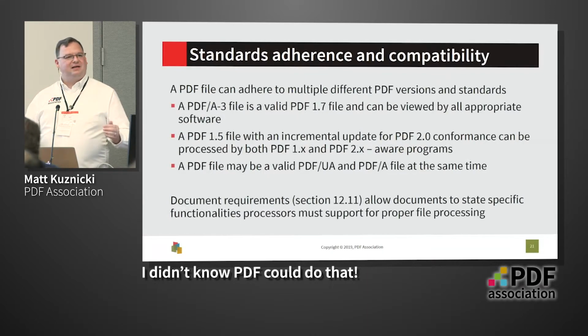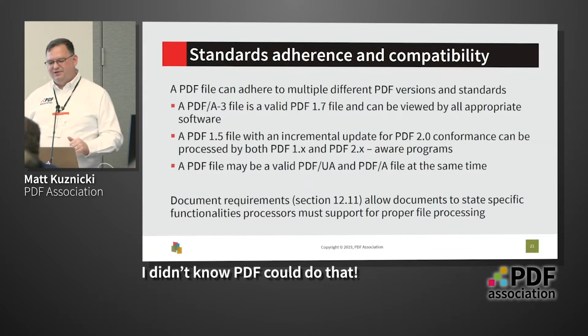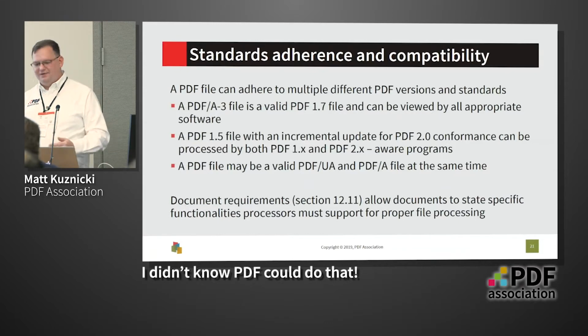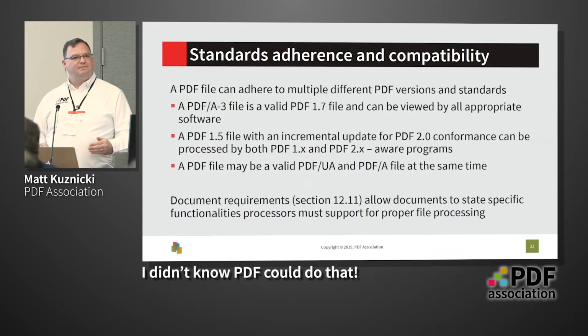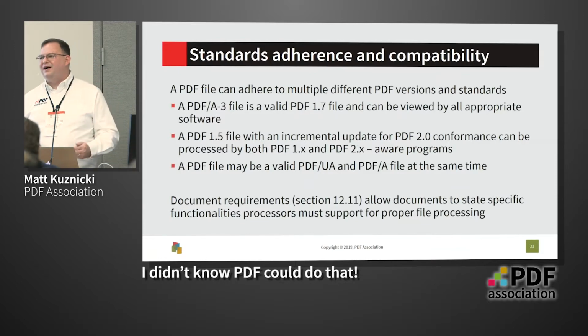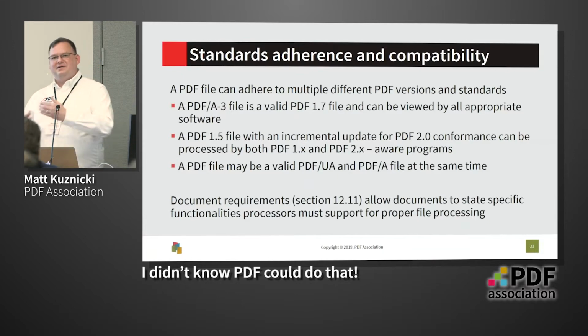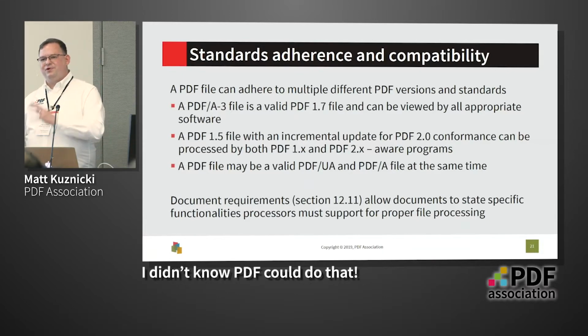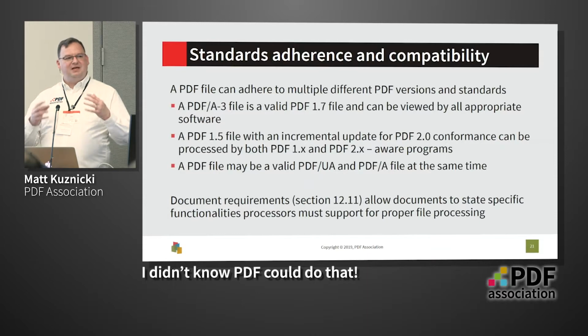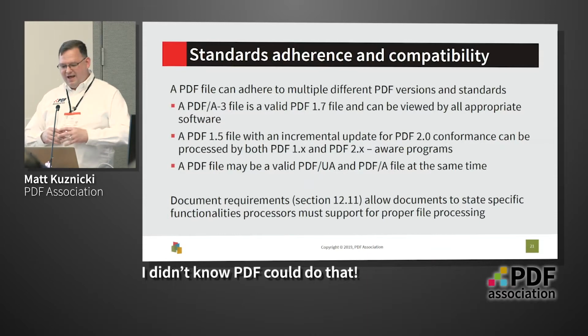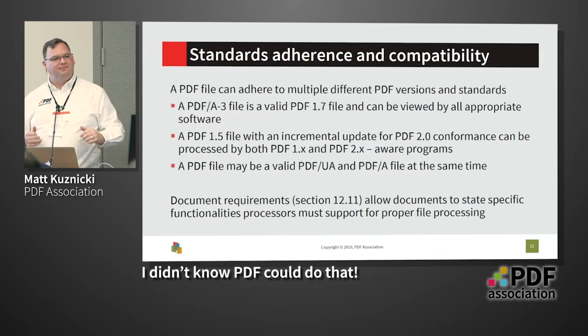PDFs can, as I touched on, adhere to different PDF standards and versions. So a PDF A3 file can be a valid PDF 1.7 file and viewed appropriately. This is pretty intuitive. I talked about how you can use version updates to make PDFs backward compatible and forward compatible.